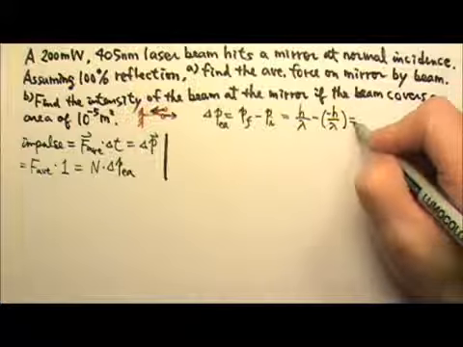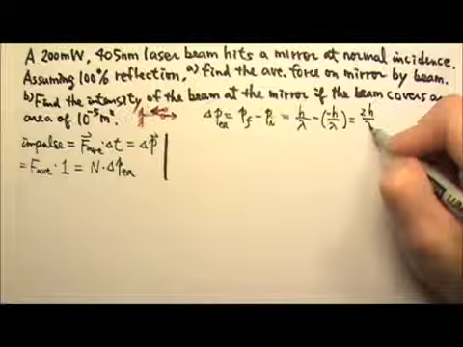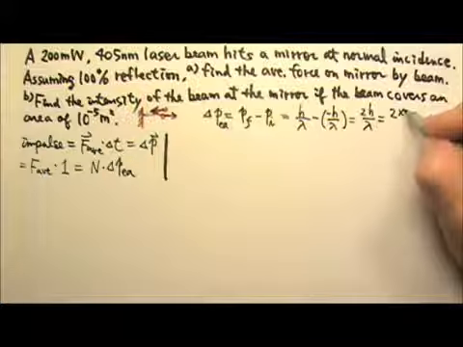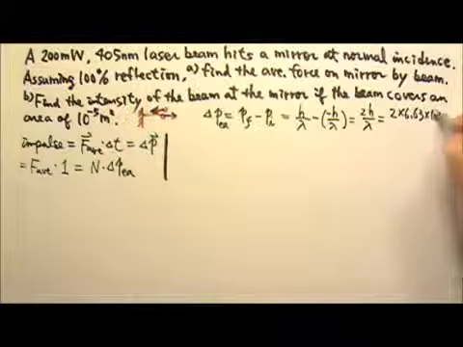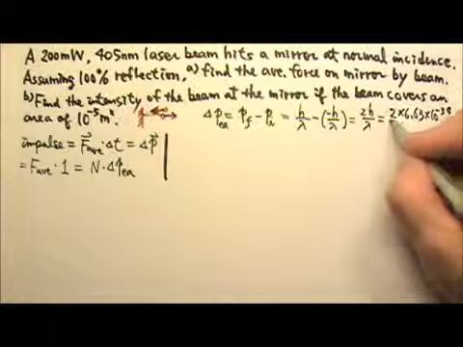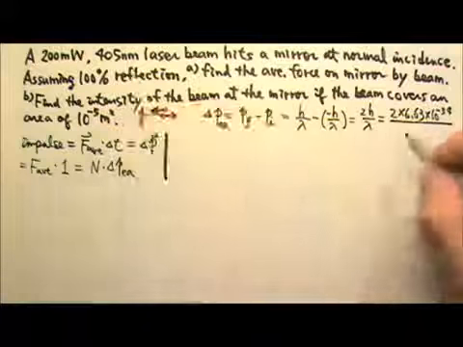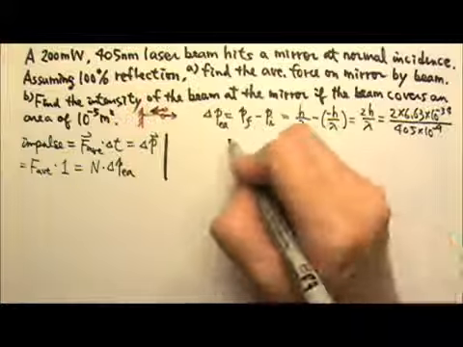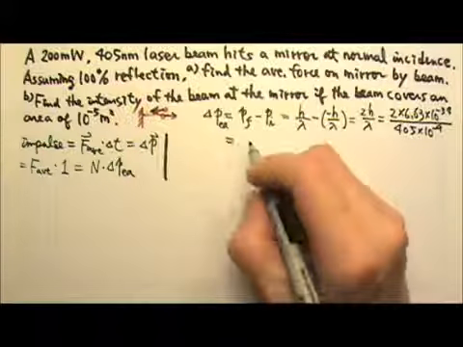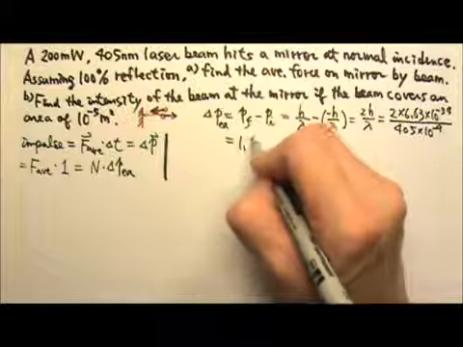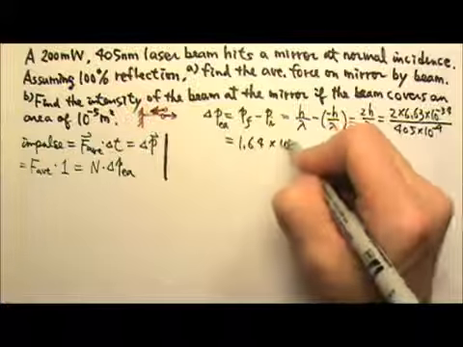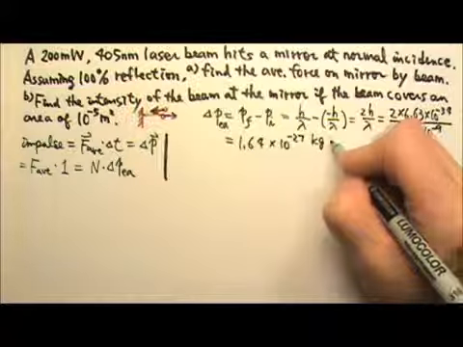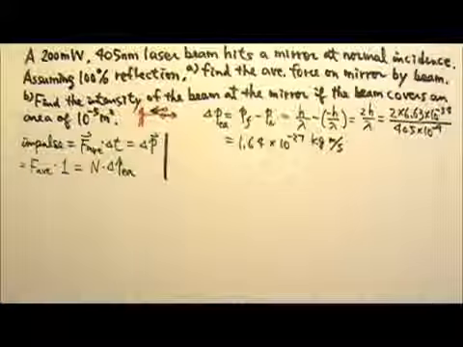This gives me twice h over lambda, which is 2 times the h, 6.63 times 10 to the negative 34th, over the wavelength, 405 nanometers. So the changing momentum for each photon equals 1.64 times 10 to the negative 27th. The standard unit is kilograms times meters per second.